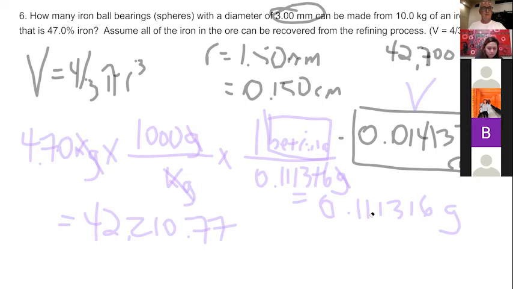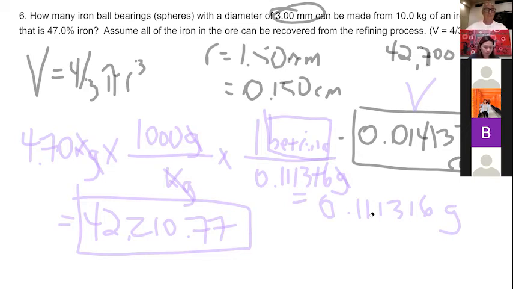Did I make a mistake with that? Is it 42.7 or 42.2? I got 42,205.459. Okay, all right, I got something different. I got 42,222.14. I think it's because you put 0.111346 instead of 0.111316. Oh, I probably did. Yeah, that does look like a 4.